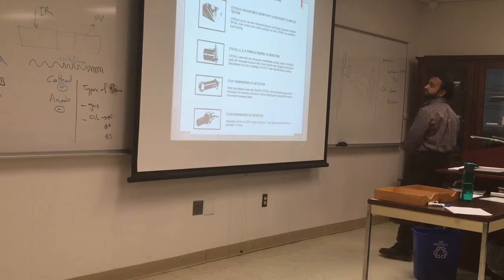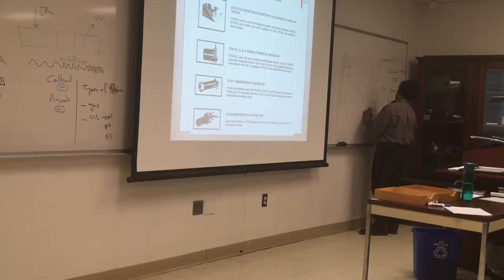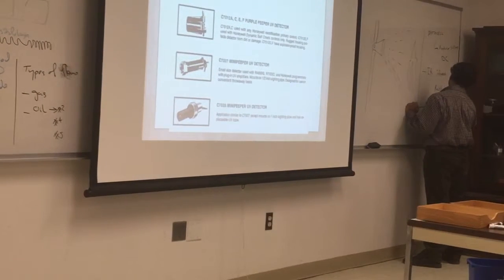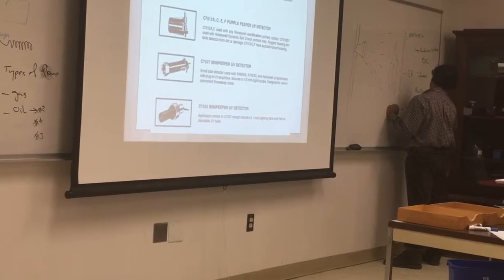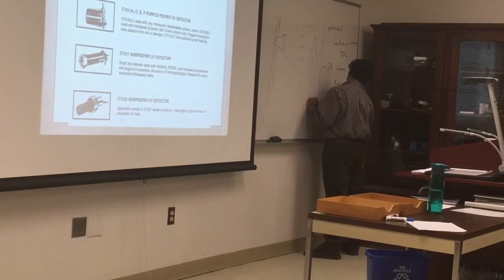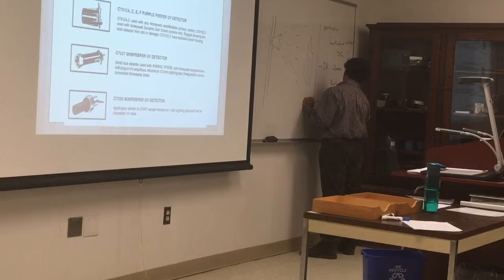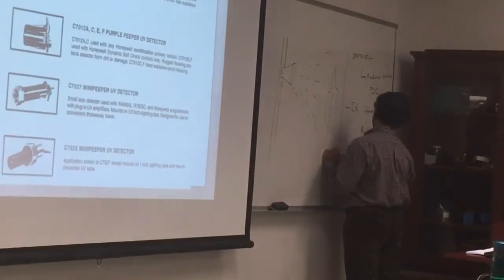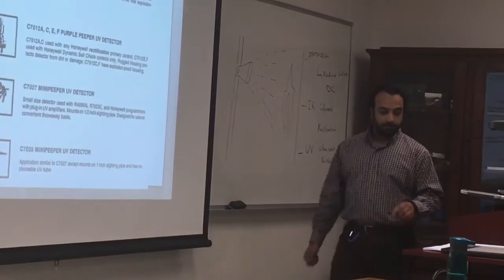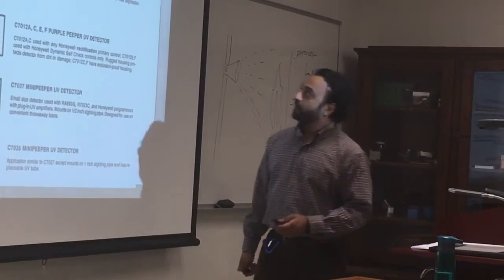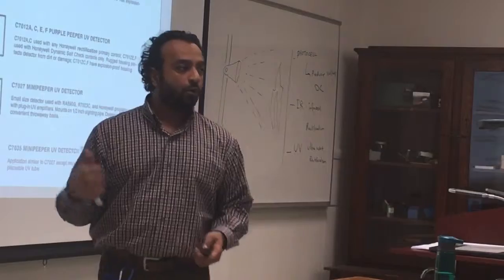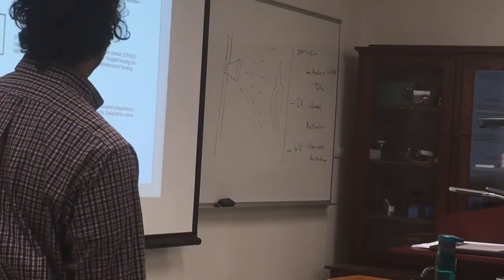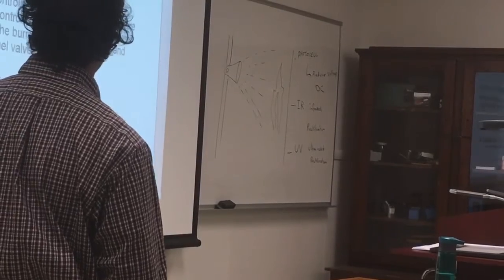So photocells, ultraviolet. What you also need to know is, do they work with AC or DC? That's something you want to know before you plug it in and troubleshoot it.